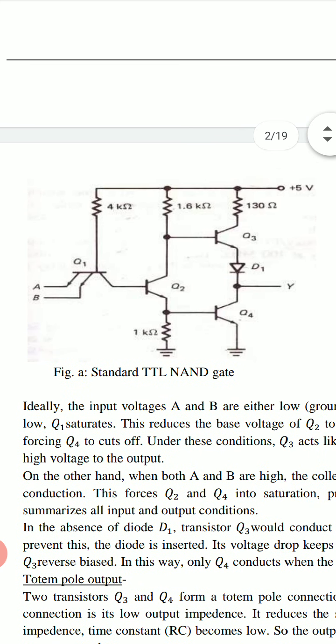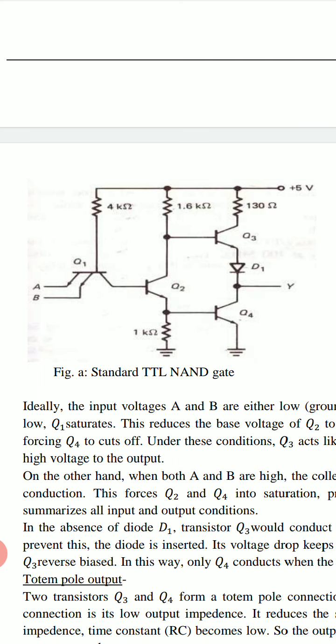If in transistor Q1 we have only 1 emitter, then this circuit behaves as a NOT gate or inverter.